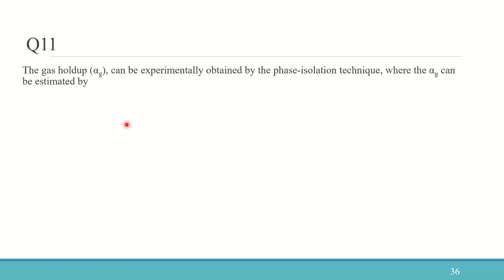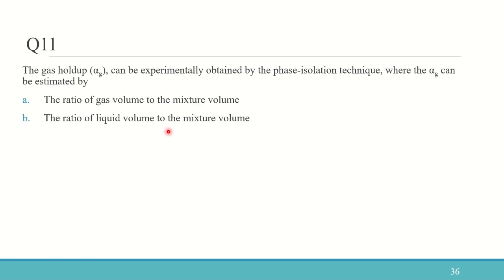And how exactly is alpha G calculated? Option A, the ratio of gas volume to mixture volume. Option B, ratio of liquid volume to the mixture volume. Option C, ratio of gas volume to liquid volume. Option D, none of the above.